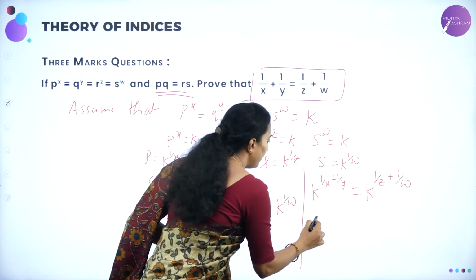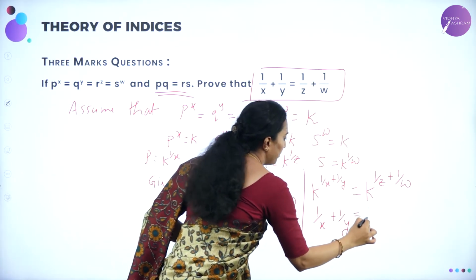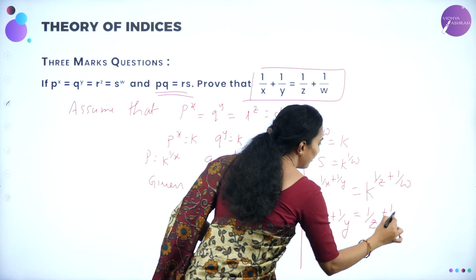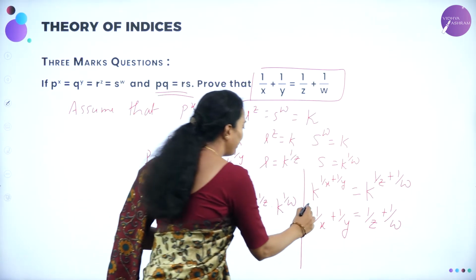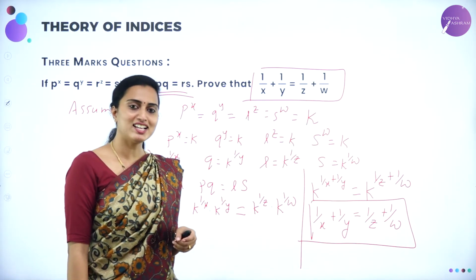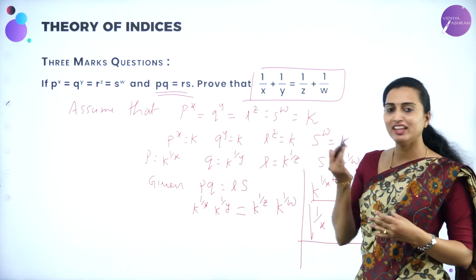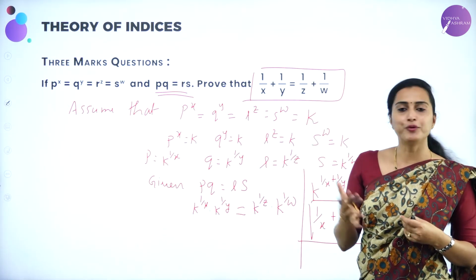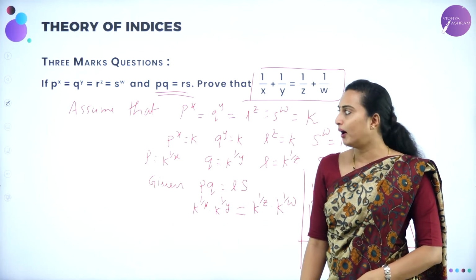So 1 by x plus 1 by y is equal to 1 by z plus 1 by w. You are getting the proof. Is that the proof? Yes, ma'am. That is the proof. Therefore, this is your answer. Is that so easy, for assumption and then getting the proof? Isn't it? We'll be moving on to the next problem.